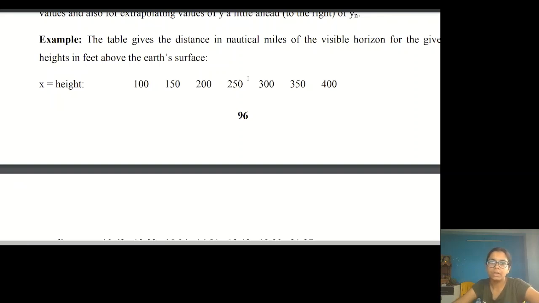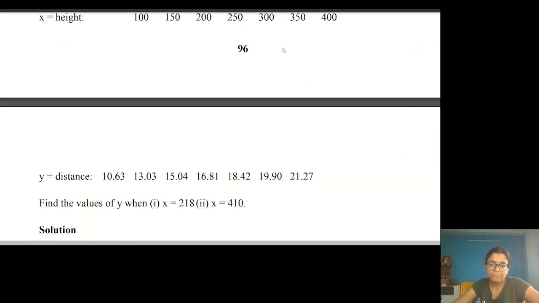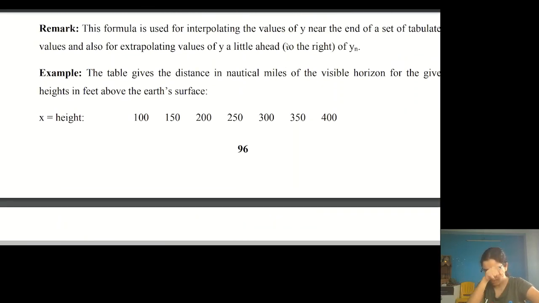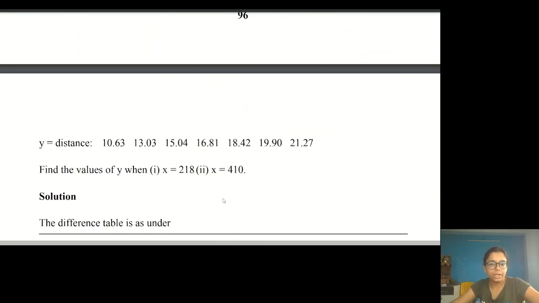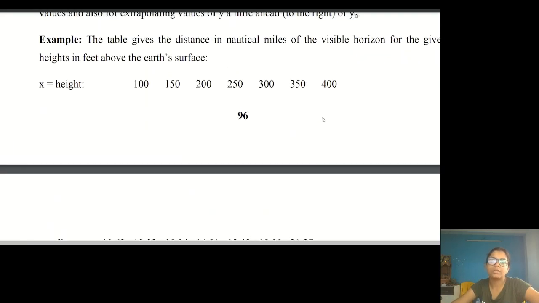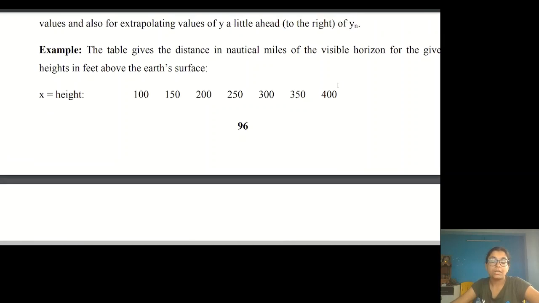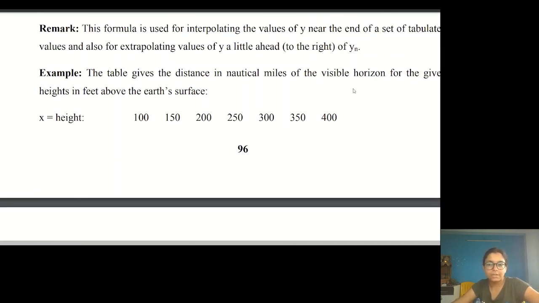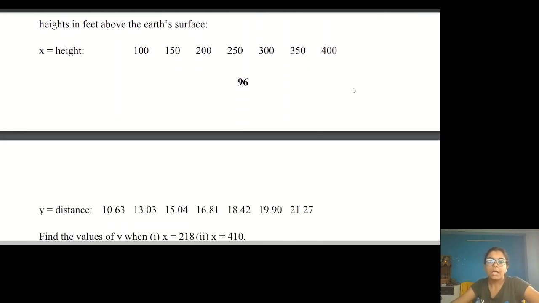It is not at the end of the tabulated values, it is at the beginning of the tabulated values. So for this we would use forward interpolation, and for the 410 value we would use extrapolation, I mean backward interpolation, as it is an extrapolating method.